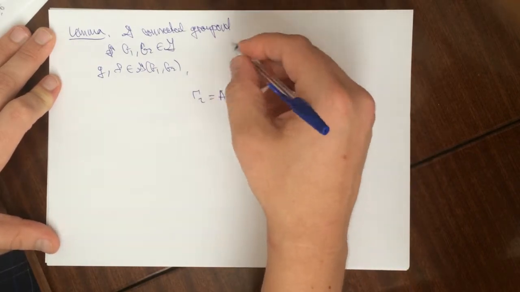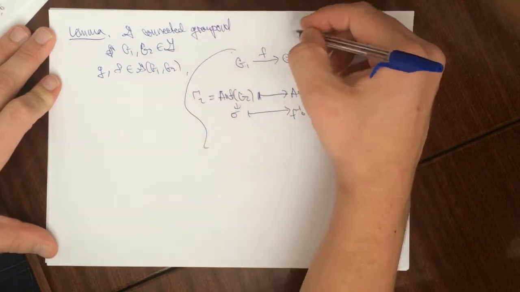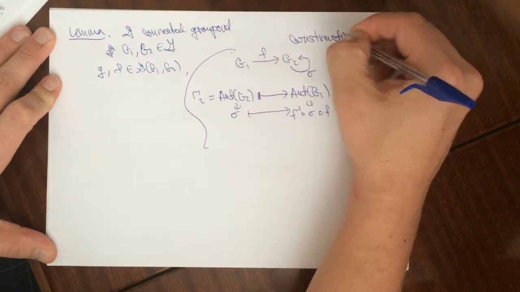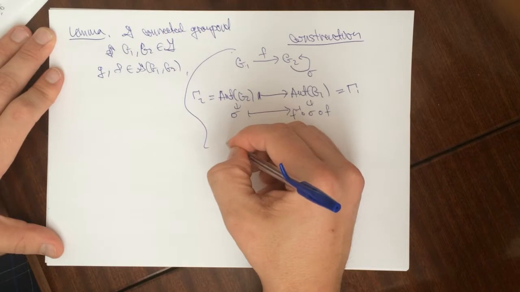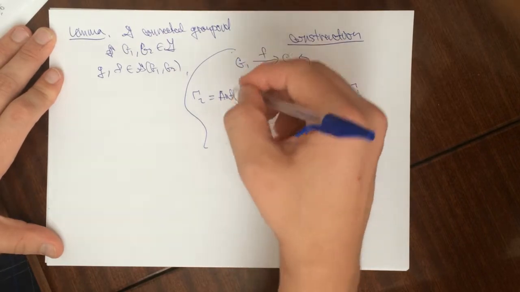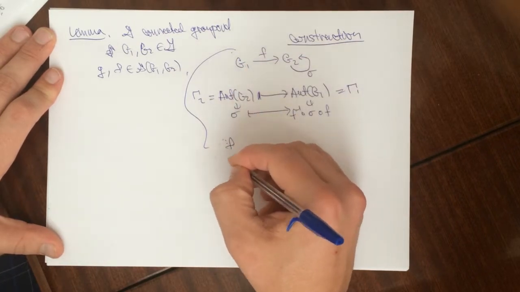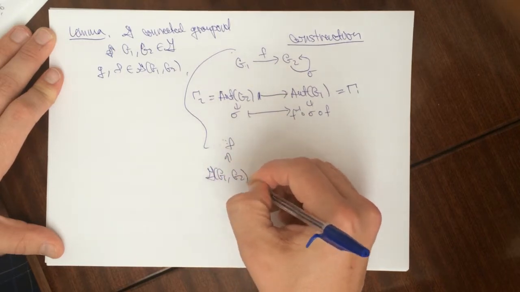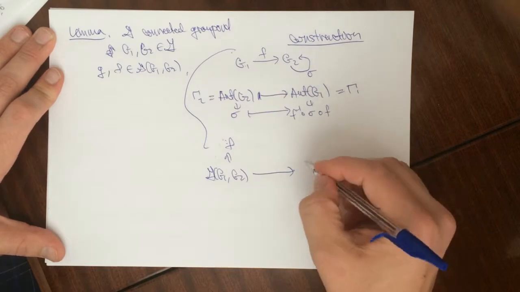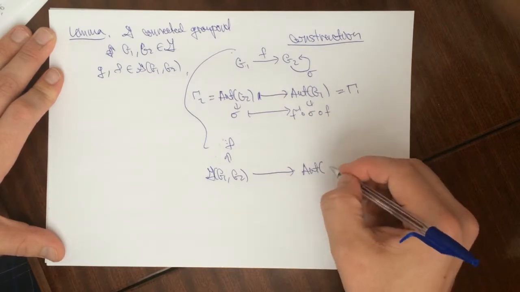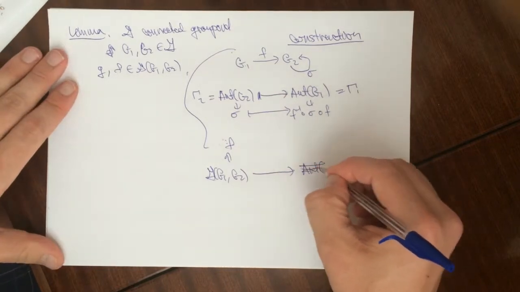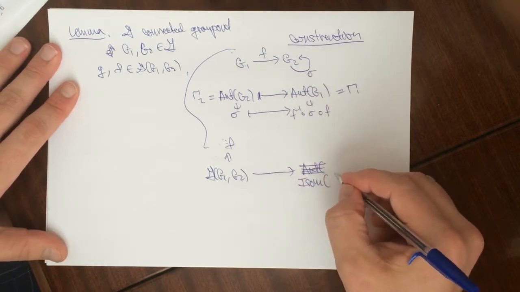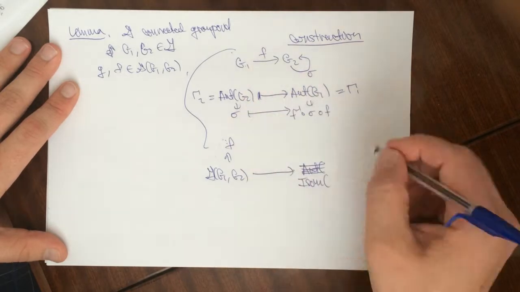So given an F, this is kind of a construction here. Given an F, from G1 to G2, this goes to an isomorphism from gamma 2 to gamma 1.